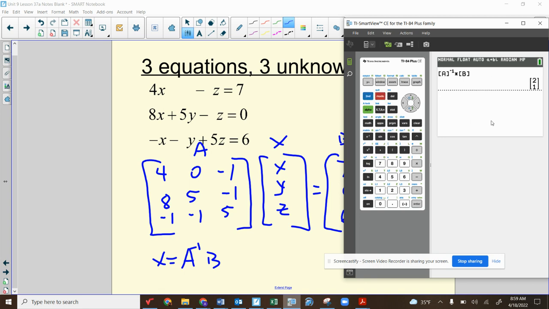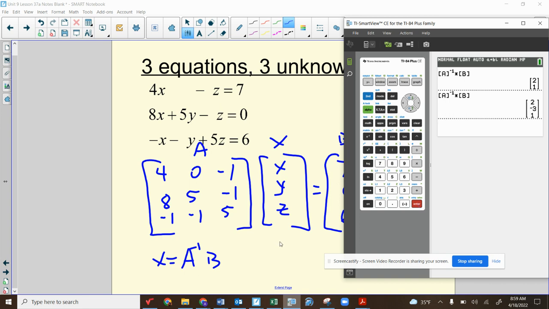Now I already have A inverse B typed in here. If I just hit enter, it's going to give that to me again, or I can arrow up to this and do that so I don't have to retype the whole thing. Or you can just retype it again. Okay, and there we go. So X is 2, Y is -3, and Z is 1.